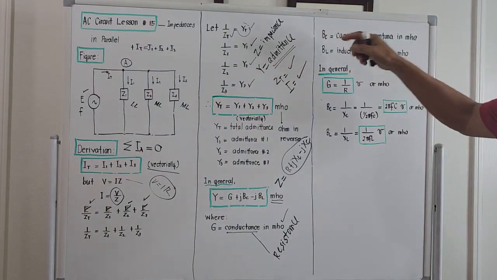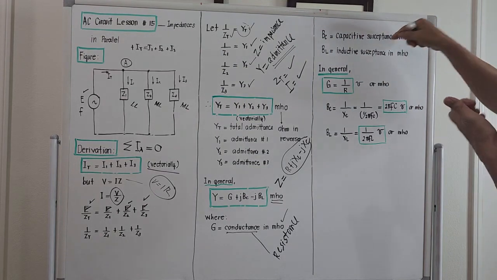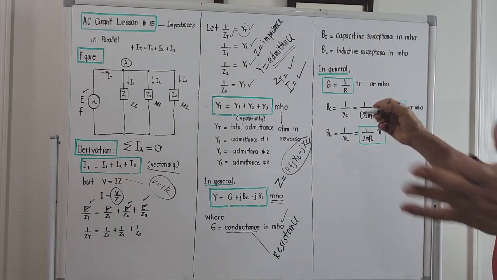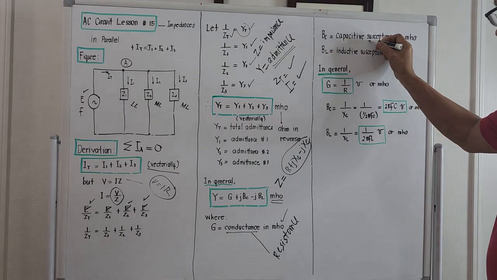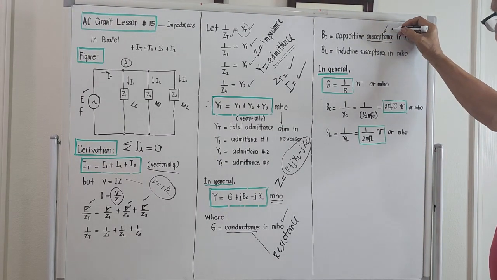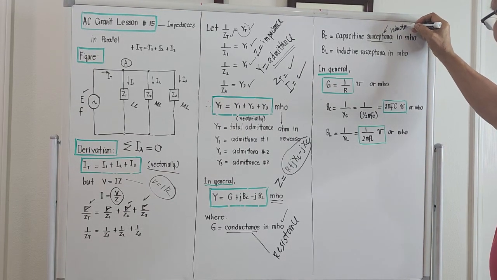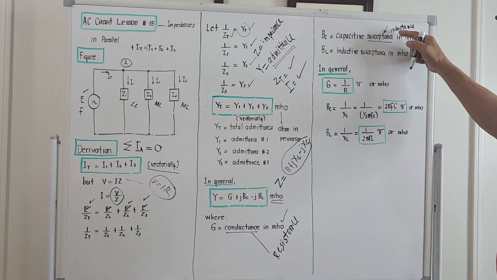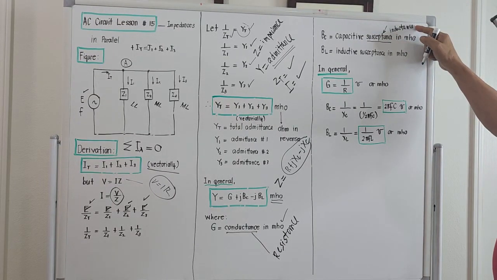The B sub C will be the capacitive susceptance. We got another word here, susceptance. This is the reciprocal of reactance.